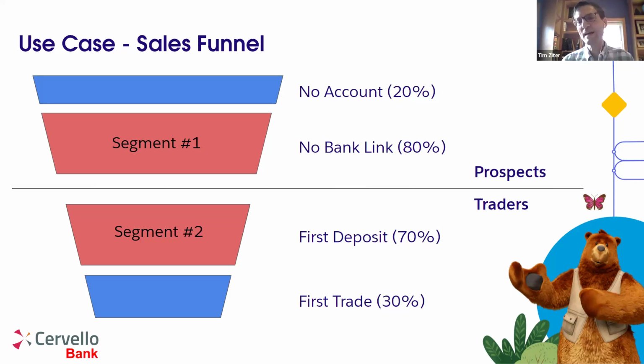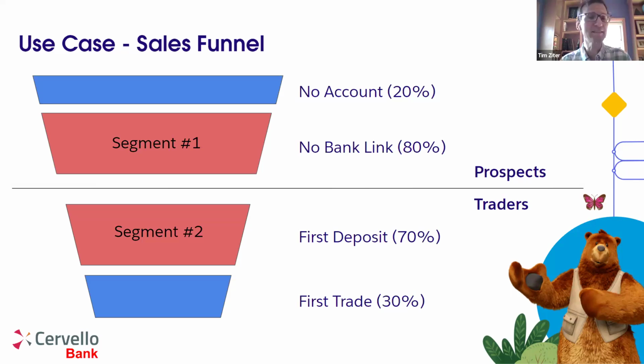Within that prospect segment, they've noticed a certain sort of blocker or bottleneck. And that's for those users who've signed up, created an account, but they haven't linked their bank. And once they notice when somebody links their bank, they quickly move into a trader and deposit. So that's our first segment we're going to be targeting today, is how we can motivate those no bank linkers and get them to link their bank.